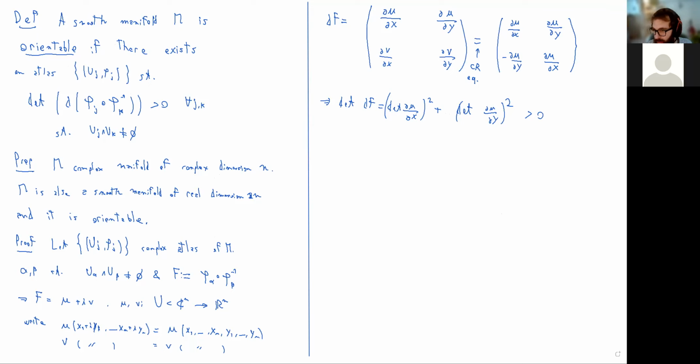Now we'll recall another important property of manifolds, of smooth manifolds. This is really a property of smooth manifolds.